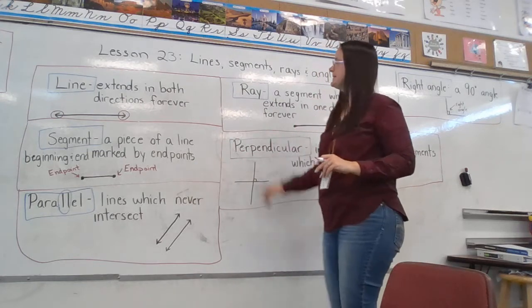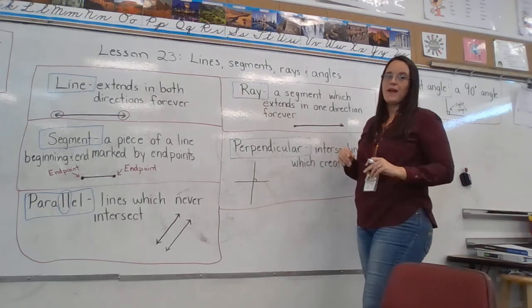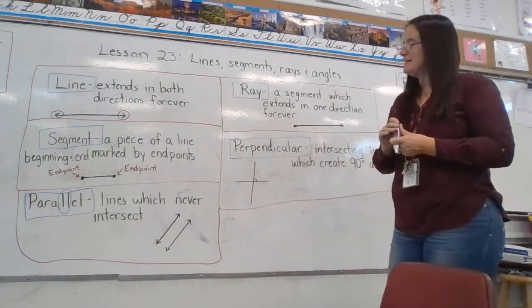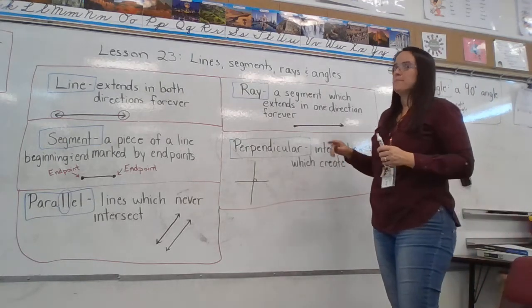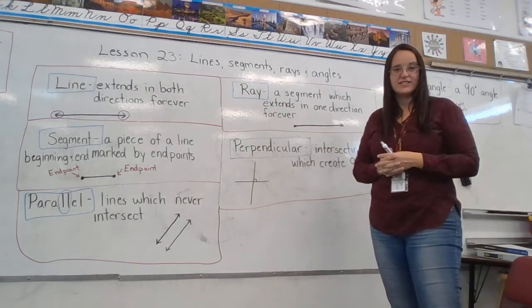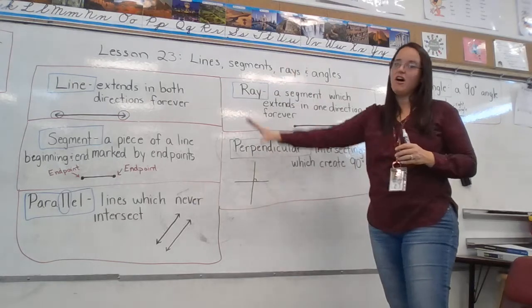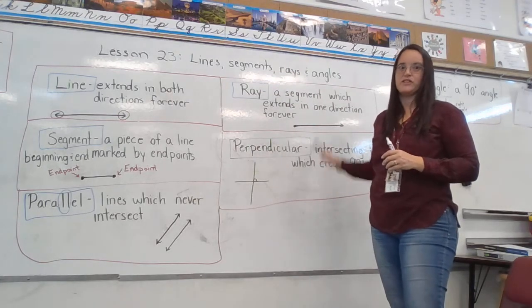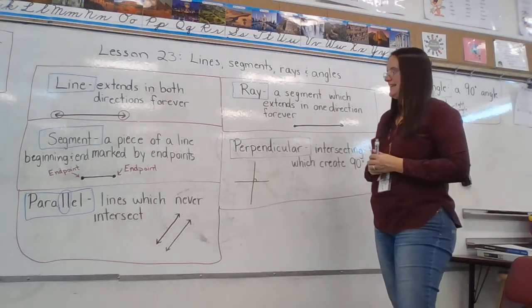Something that is very similar is called a ray, and this is the point of the year where I always make a joke about my family. Before I was teaching 3rd and 4th grade, I taught geometry at a high school, and this stuff is all over 10th grade geometry. You will see this again, 4th graders, again and again and again.